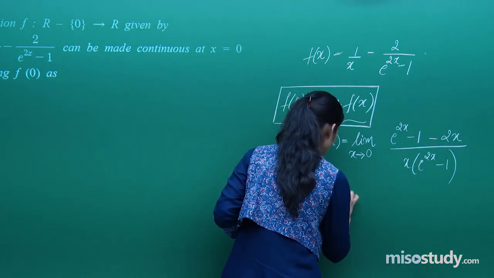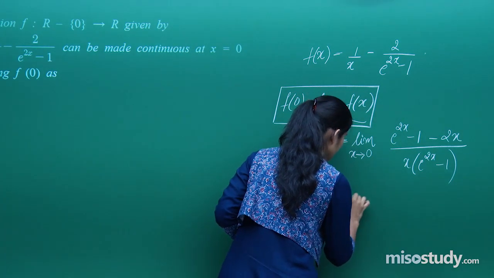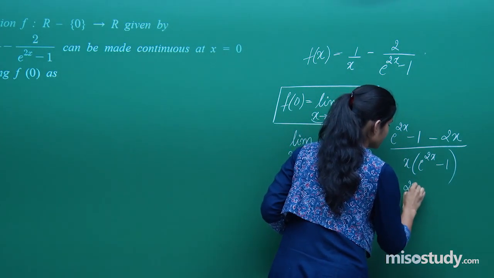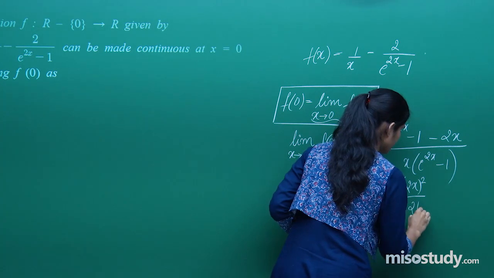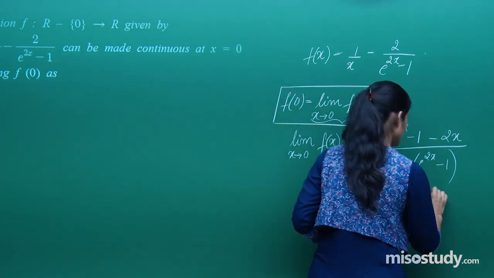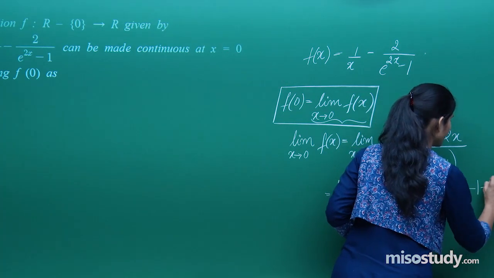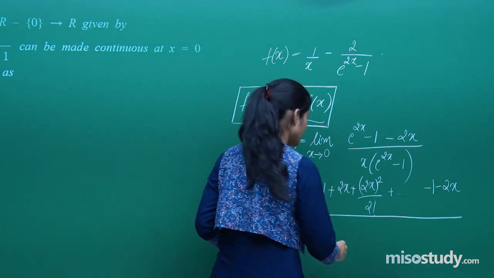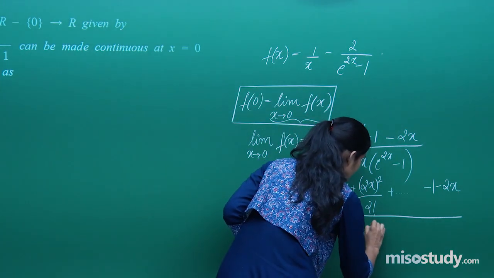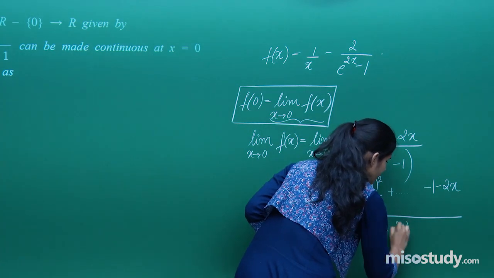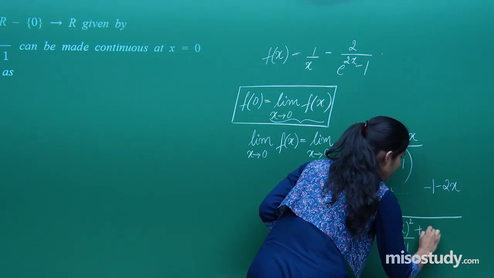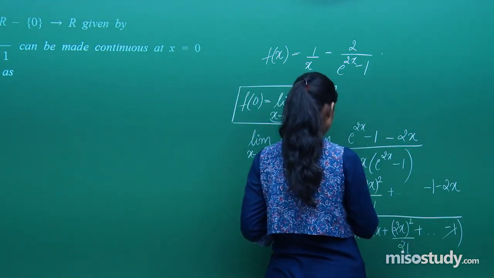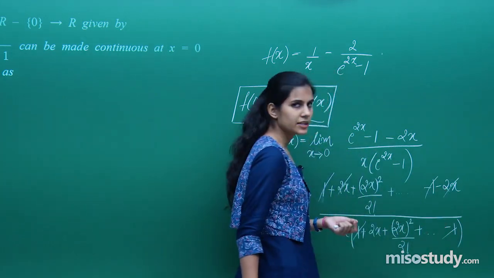It is 1 plus 2x plus 2x square by 2 factorial plus 2x cube by 3 factorial and so on, minus 1 minus 2x as it is. In the denominator as well, this is 1 plus 2x plus 2x square by 2 factorial and so on minus 1. The 1 minus 1 gets cancelled, 2x minus 2x, everything gets cancelled out.